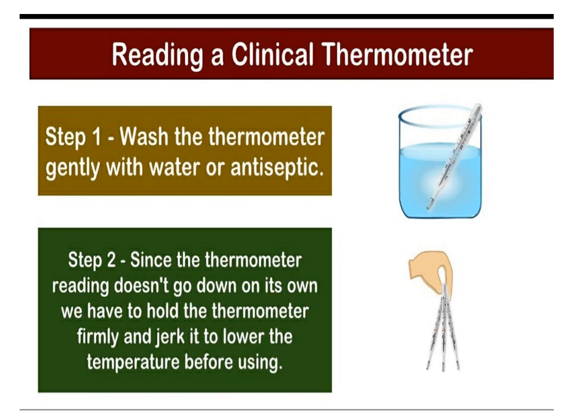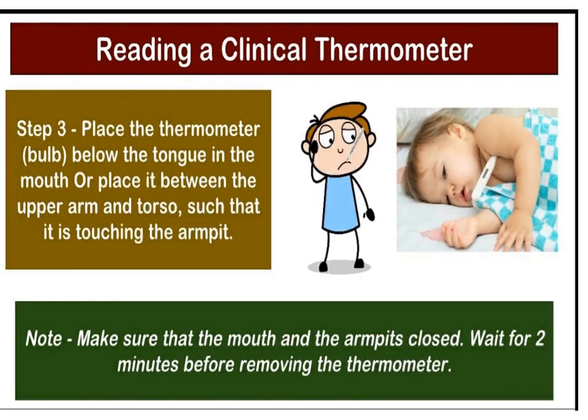This you must have seen in your house also, your mother or any one of the adults doing this before measuring a temperature. Now, step 3 is to place the thermometer bulb below the tongue in the mouth, or place it between the upper arm and torso, such that it is touching the armpit.